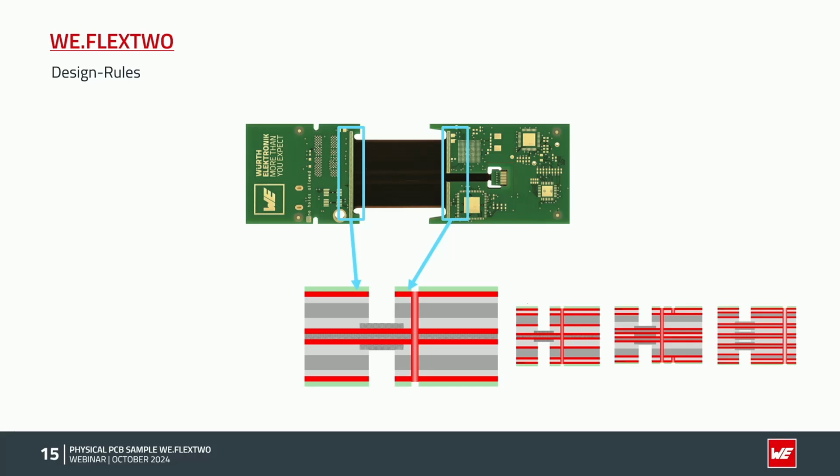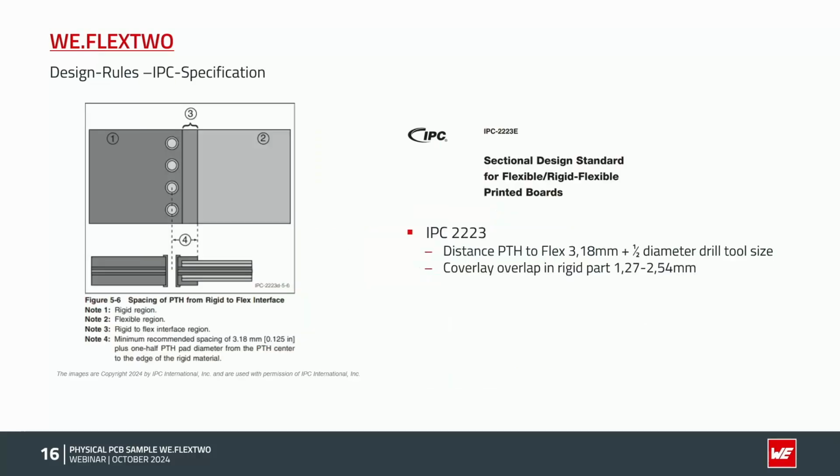Now we can say, okay, that's Würth Elektronik, but it's not only Würth Elektronik, and of course we always work looking at the IPC, whether it's for design or manufacturability, or for any testing or quality checks. IPC is always in the background.